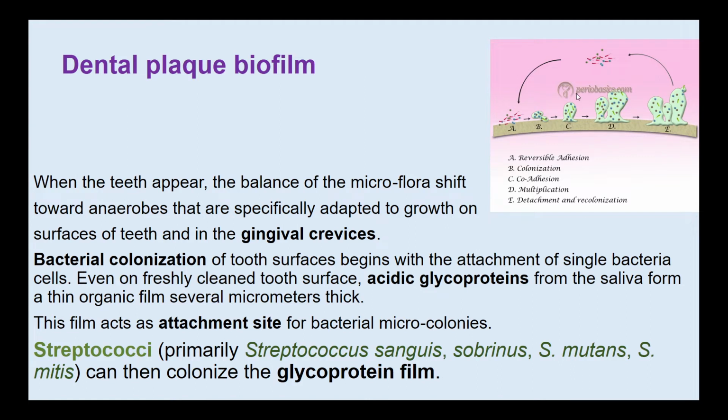It's shown in this picture. First, the suspension, which is reversible adhesion, then colonizing the surface and forming colonies, then co-adhesion, where bacteria multiply together, connect with different proteins and matrix, and form plaque or biofilm on the surface of the teeth, the gums, the tongue or elsewhere.